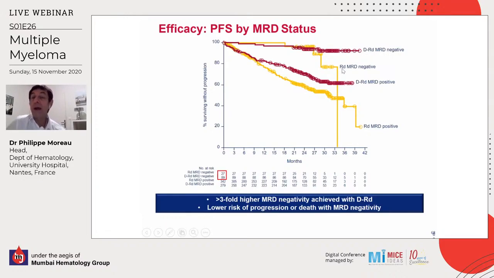This is also true for Lendex and achievement of MRD negativity. But as you can see at the bottom of the slide, the number of patients reaching MRD negativity is much higher with the triplet as compared with Lendex alone. So maybe we could also mention that MRD negativity is an important goal for the treatment of elderly patients with DRD or other regimens.